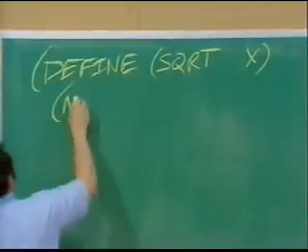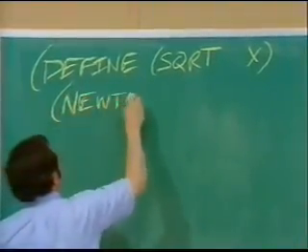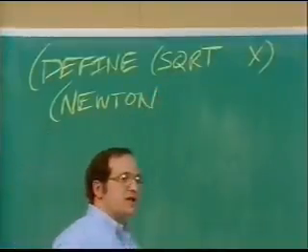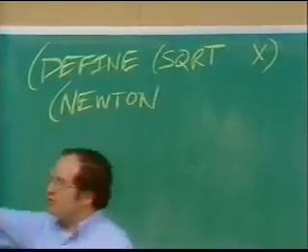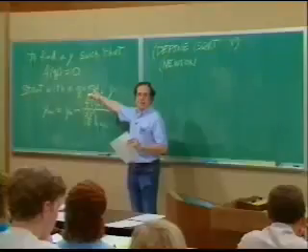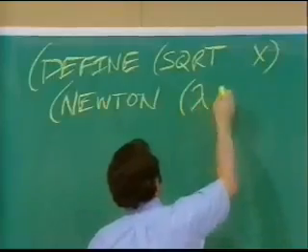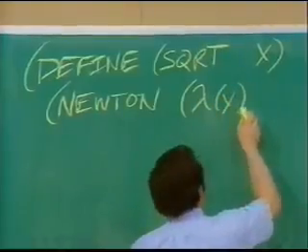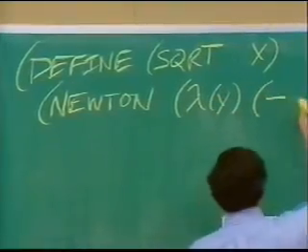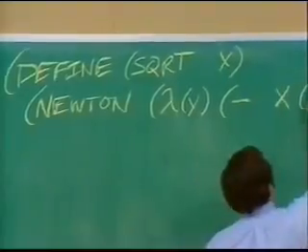It's Newton's method applied to a procedure which will represent that function of y, which computes that function of y. Well, that procedure is that procedure of y which is the difference between x and the square of y.